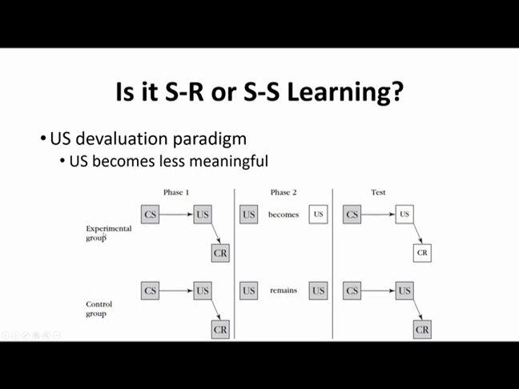You're going to set up an association between our conditioned stimulus and the unconditioned stimulus, and it's going to produce a conditioned response. Phase two is our actual devaluation, where our unconditioned stimulus, which was something very big and attention-grabbing, something salient, becomes something smaller and less salient. It's less intense and it's less worthwhile.